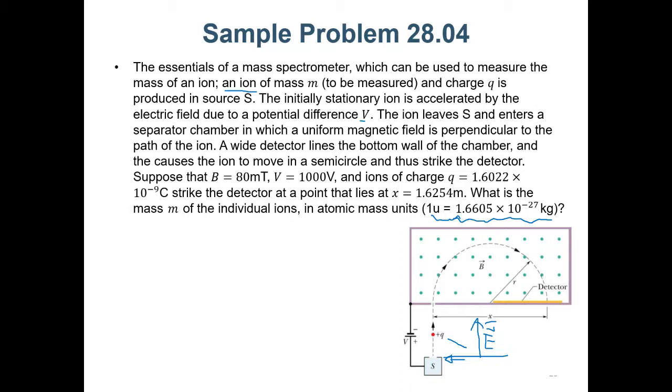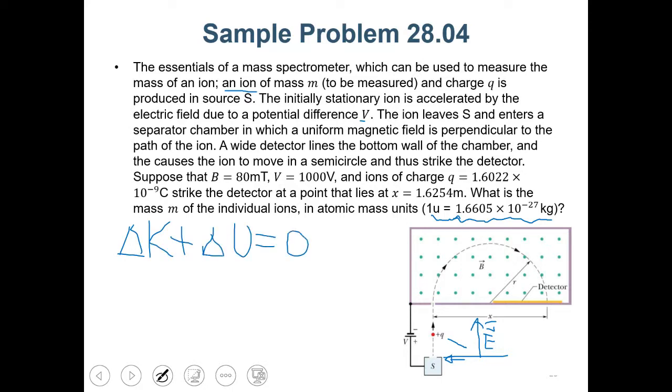First of all, we have delta K plus delta U equals 0, which means the total mechanical energy is conserved.